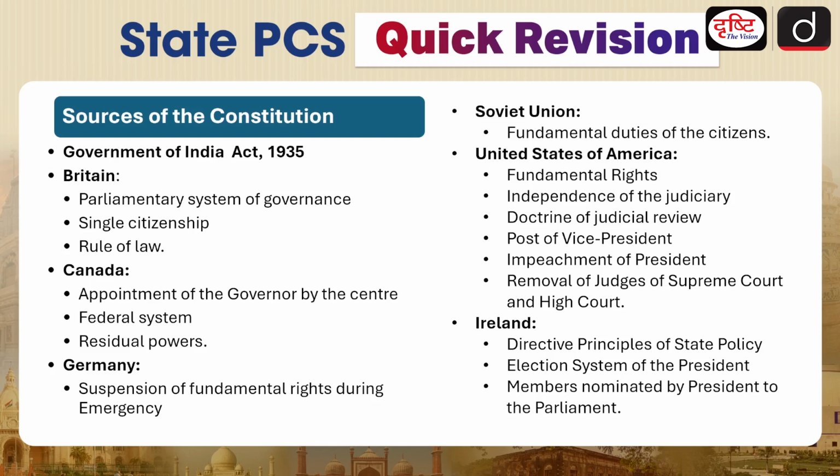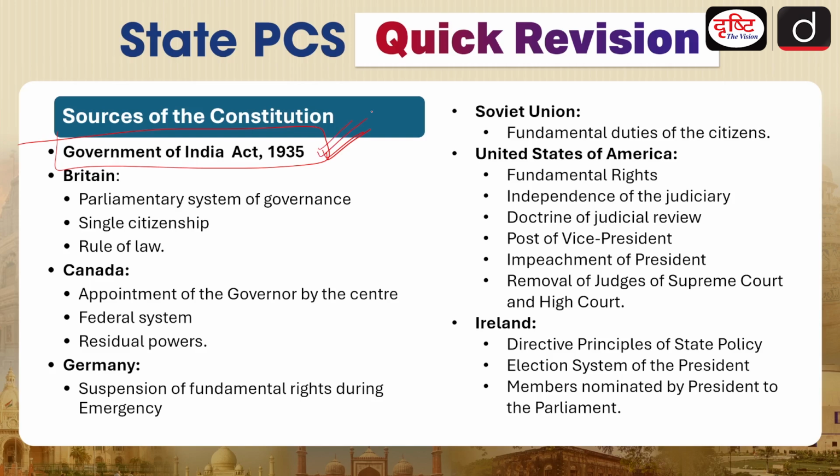So we went through them, and whichever provisions were suitable for our country, we took. But the major chunk of our administrative system was taken from the Government of India Act 1935, from where we have taken the administrative machinery. Because we were very familiar with that particular act, we adopted a lot of things from it.